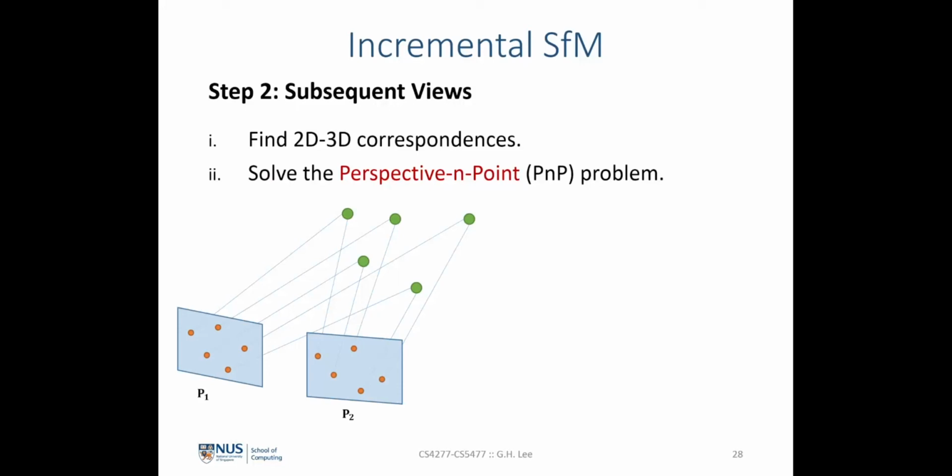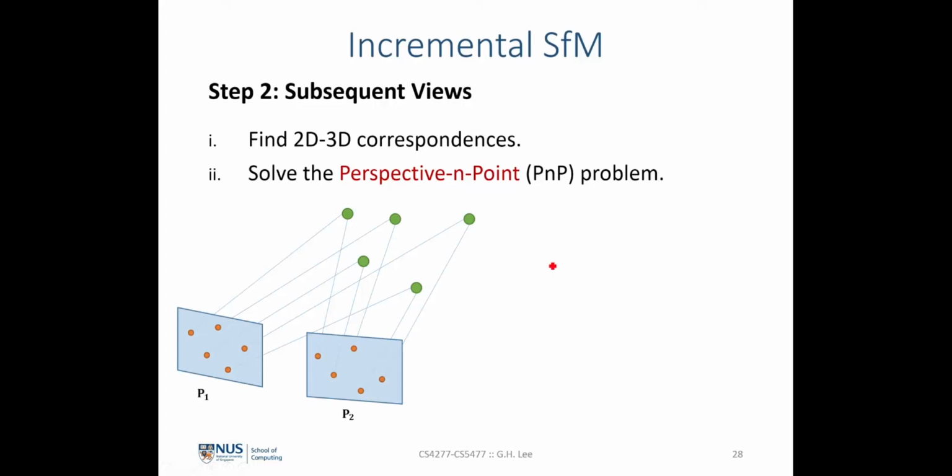This is also why this paradigm of structure from motion is called incremental structure from motion, because we start off from two seed views, and then we incrementally add new views into the reconstruction.